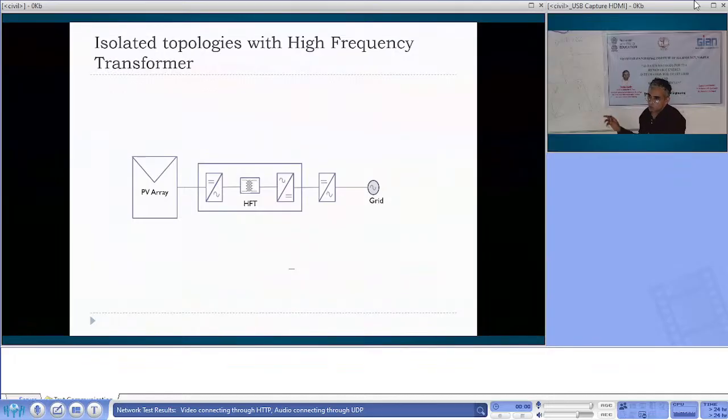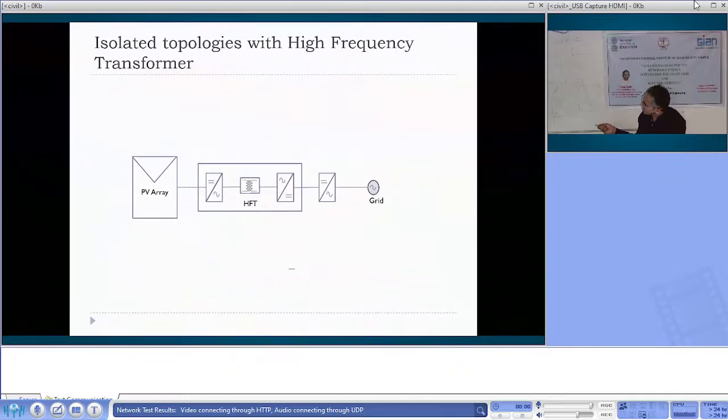There are two purposes for the MPPT converter: one is MPPT, and you can also boost the voltage with the help of a boost converter. So you can have the isolation with the help of the high frequency transformer, and then you have the inverter, which may be directly connected to the grid.